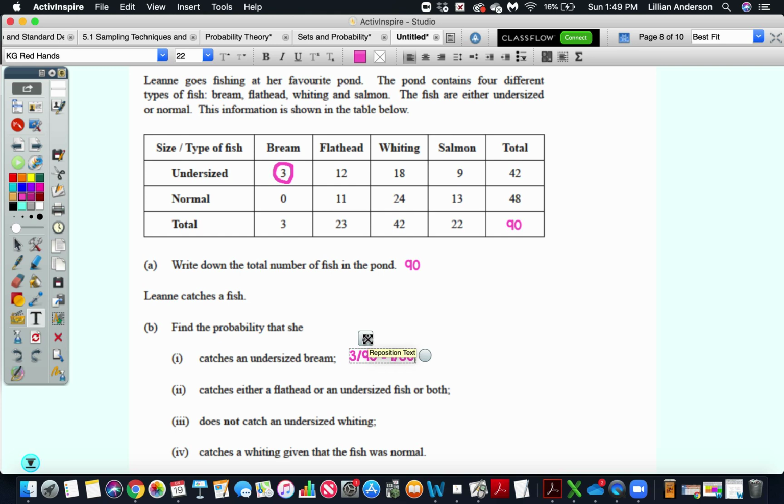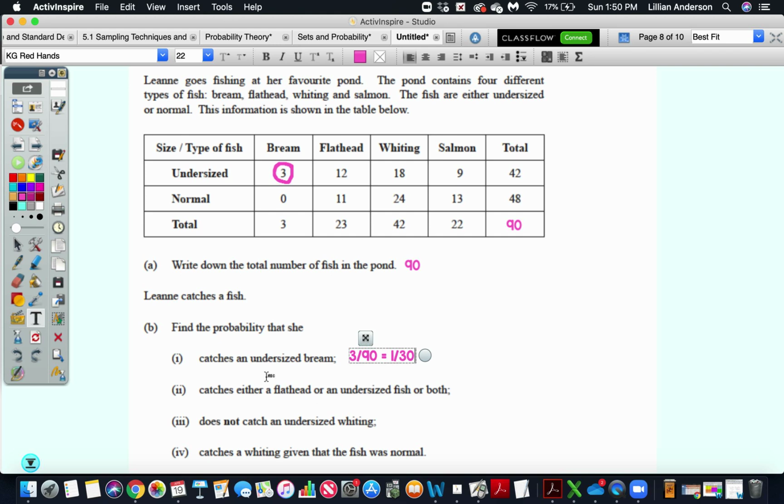It says capture either a flathead or an undersized fish or both. So this is pretty much representing the union of flathead, undersized fish, or both. Think of the Venn diagram: the intersection is the overlap of the 2 bubbles, basically both bubbles.